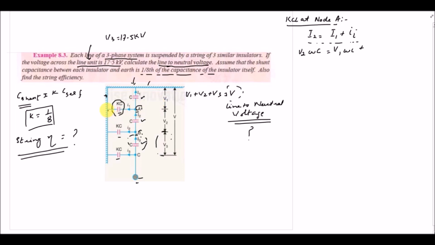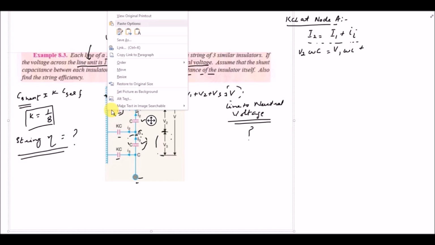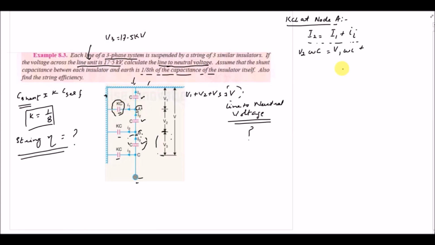From this point to this grounded tower it is V1, so it will be V1 K omega C, right? I am not using the value of K right now, just for simplified equations I am using K omega C.